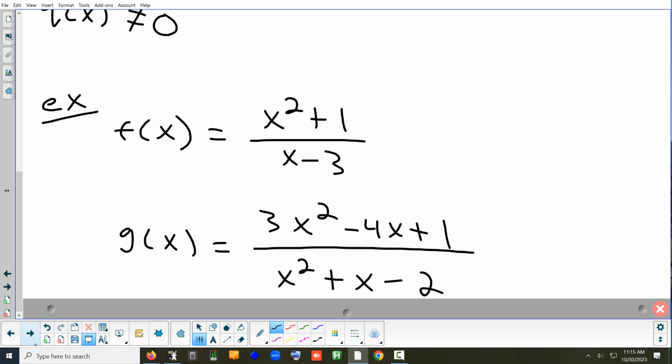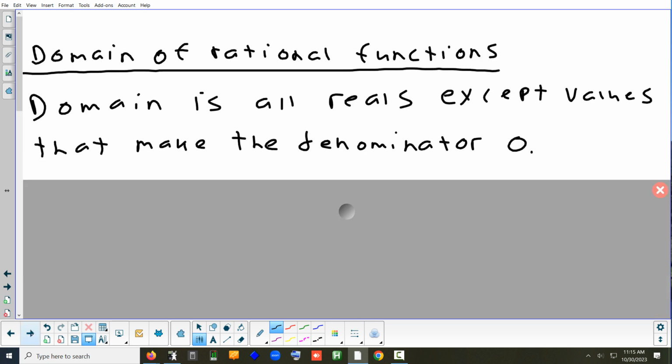Okay, and what did we say you can't have in the bottom? 0. So for this one, what are you not allowed to plug in for x? 3. Yeah. So if we ask what the domain is, we would say it's all numbers except 3. And that's what we're going to do next.